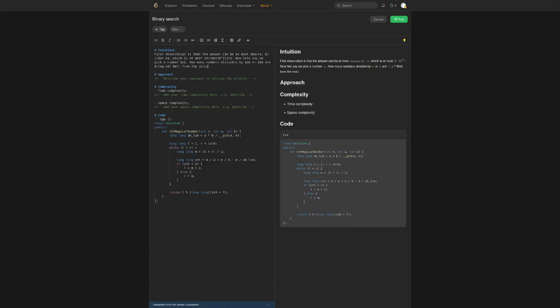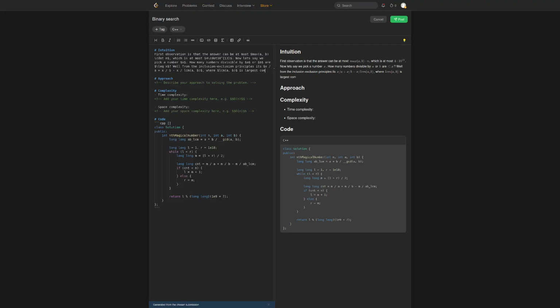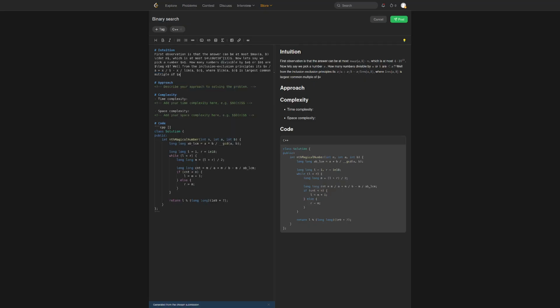Well, from the inclusion exclusion principle, it's x divided by A plus x divided by B minus x divided by LCM of A and B, where LCM of A and B is the least common multiple of A and B.